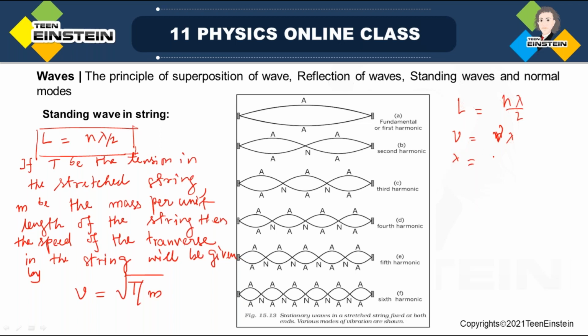So if we replace lambda with the speed of the transverse wave divided by nu, then we get L is equal to n by 2 times v by nu, so nu will be 2L by n times v, or in other words, nu will be the frequency.